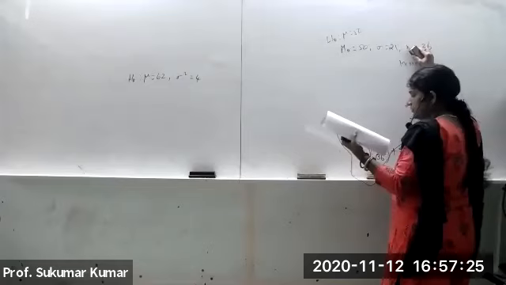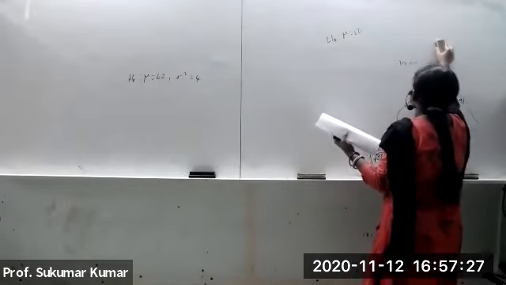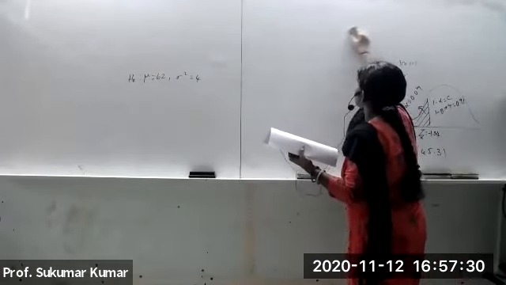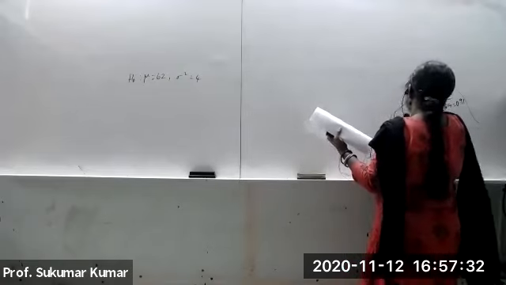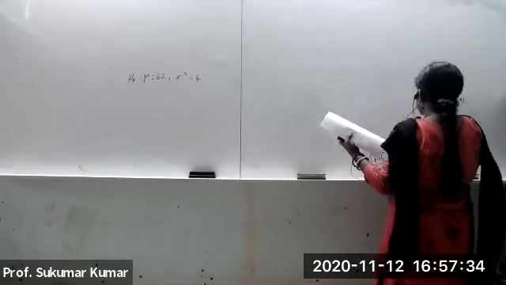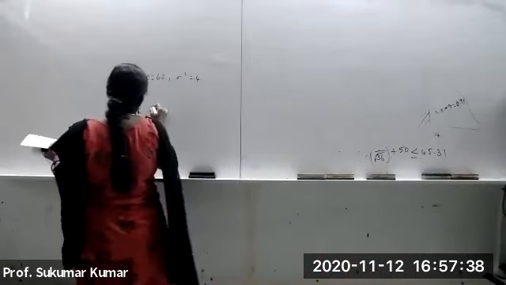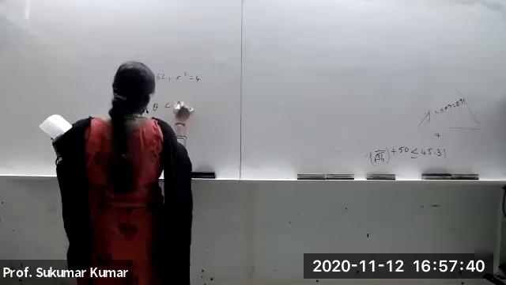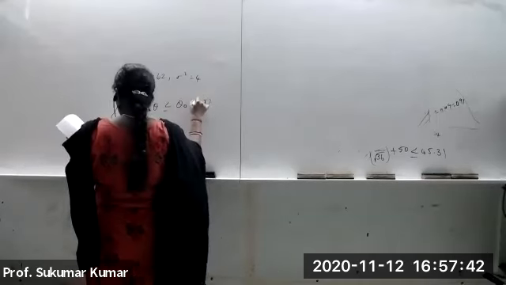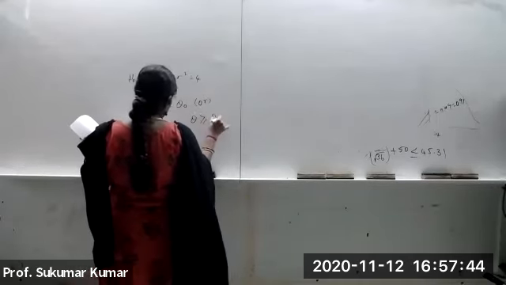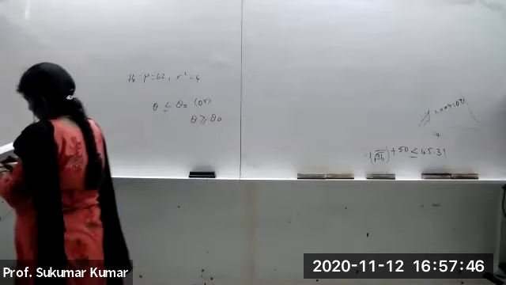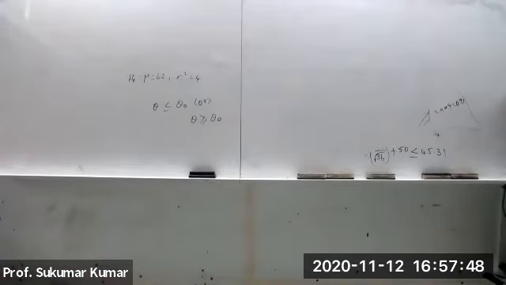The general form of the composite hypothesis is theta is less than or equal to theta naught, or theta is greater than or equal to theta naught.